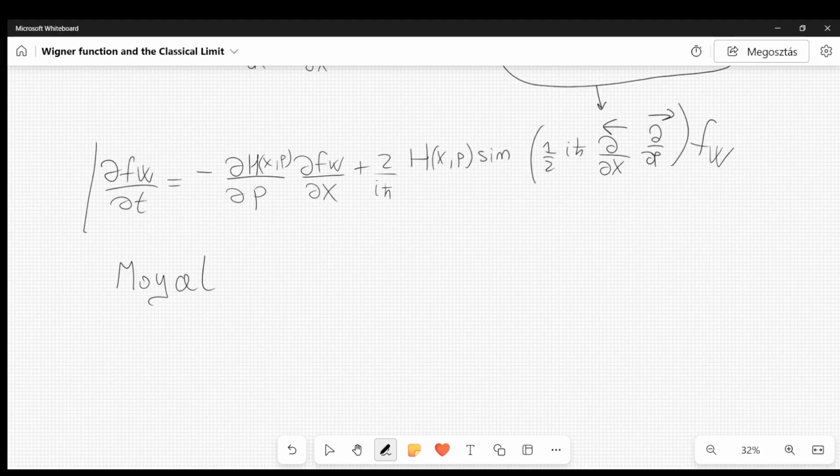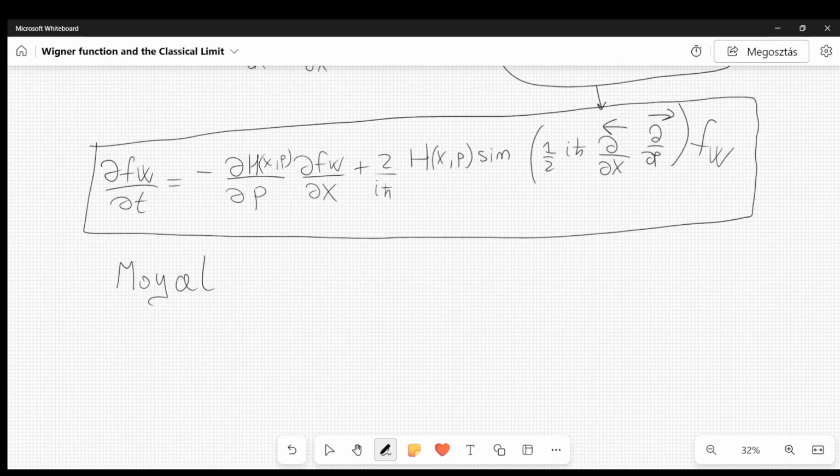And why is this equation important? Well, this equation is important because, of course, it describes the dynamics of the Wigner function, but at the same time, it also allows us to take the classical limit quite easily.